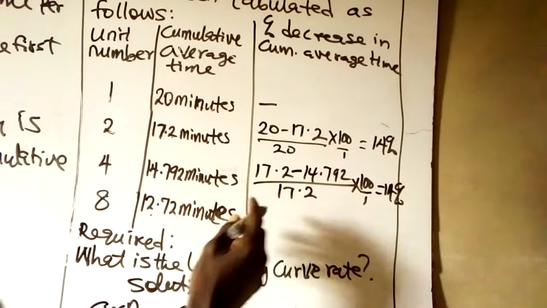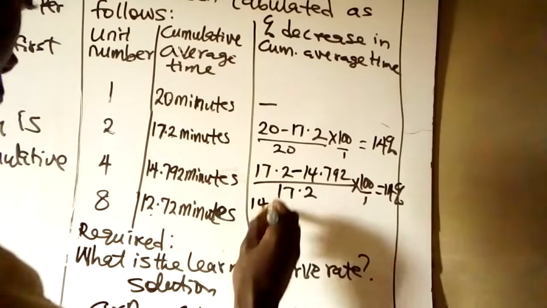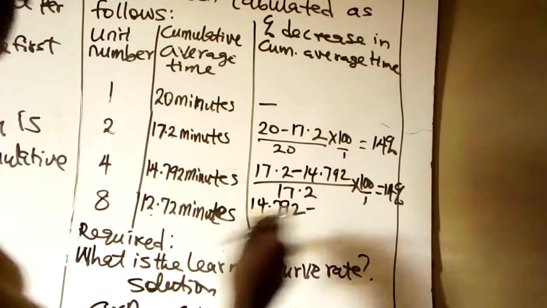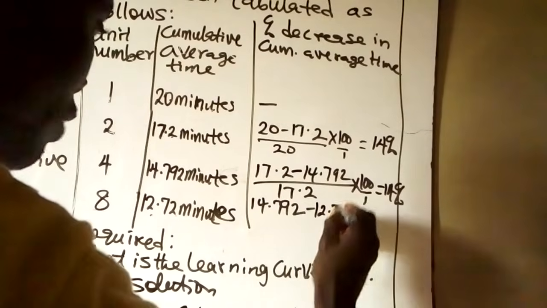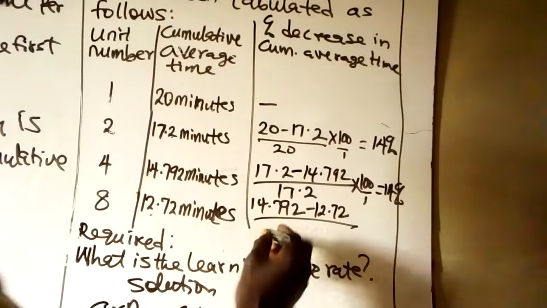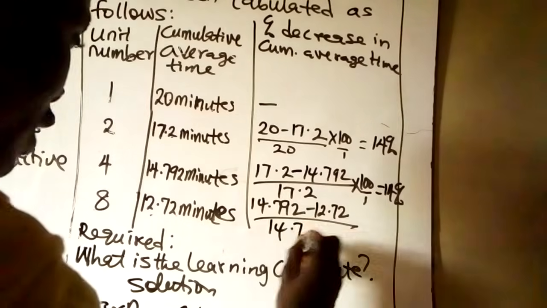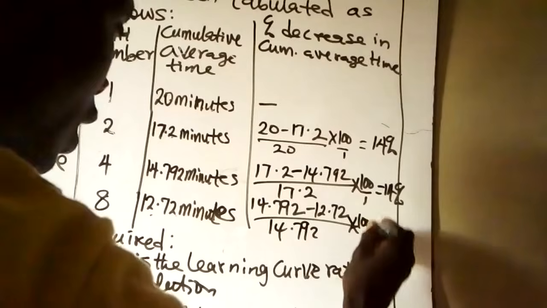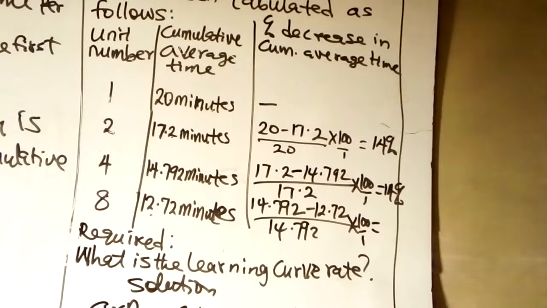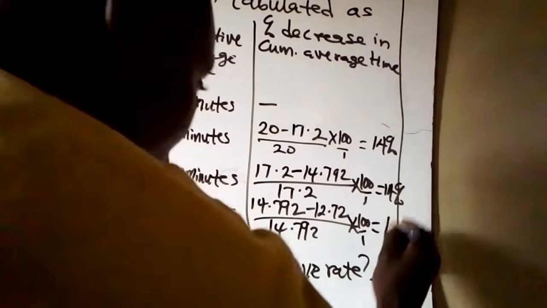Then for this, you have 14.792 minus 12.72 over the initial, which is 14.792, times 100. Then you have 2.072 divided by 14.792. Then you have 0.14 times 100. Then you equally have 14%.